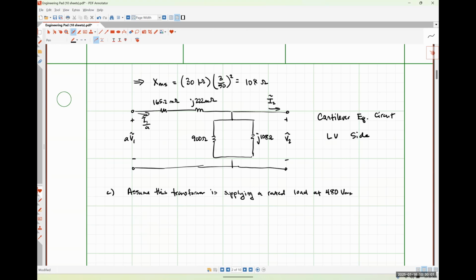That is the measured voltage across our secondary terminals at a power factor, PF, equal to 0.8 lagging, okay?